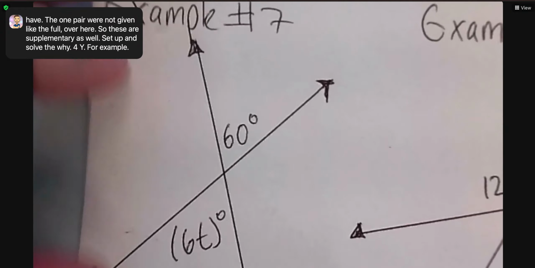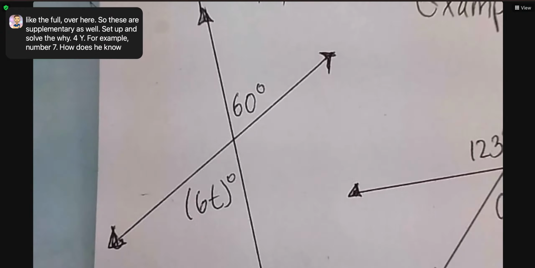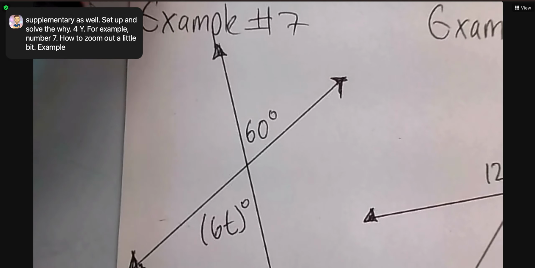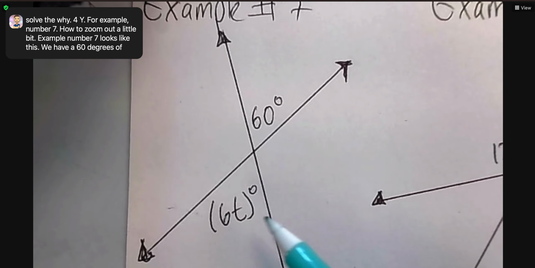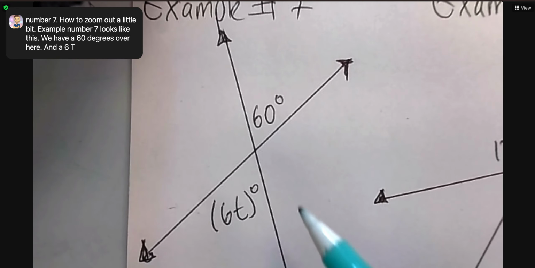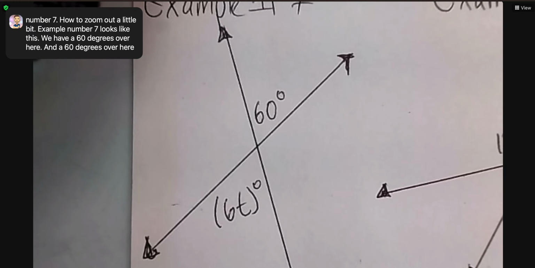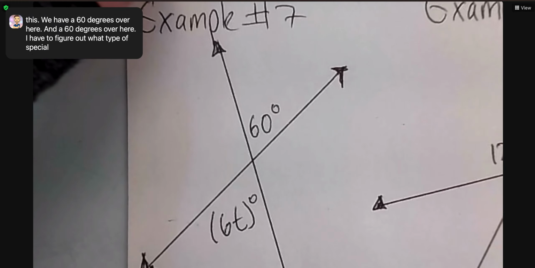Example number 7. Let me zoom out a little bit. Example number 7 looks like this. We have 60 degrees over here and 60 degrees over here. Now we have to figure out what type of special angle pair this is. These ones are vertical. They are reflected over a central point, in this case, this intersection. If you think of these as triangles, this is a triangle flipped on its head, and it turns into this.